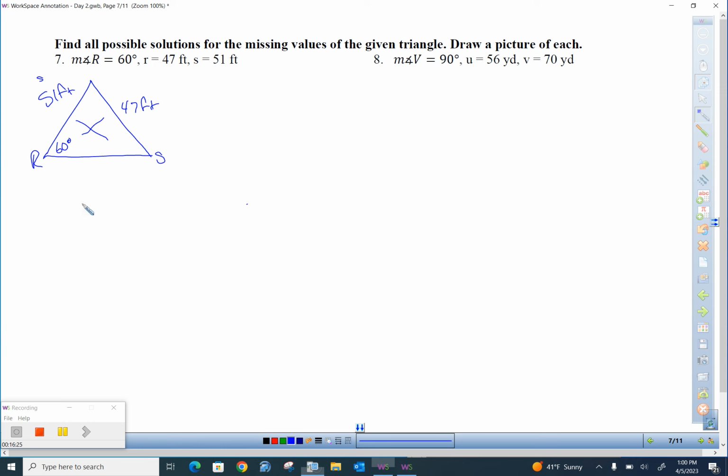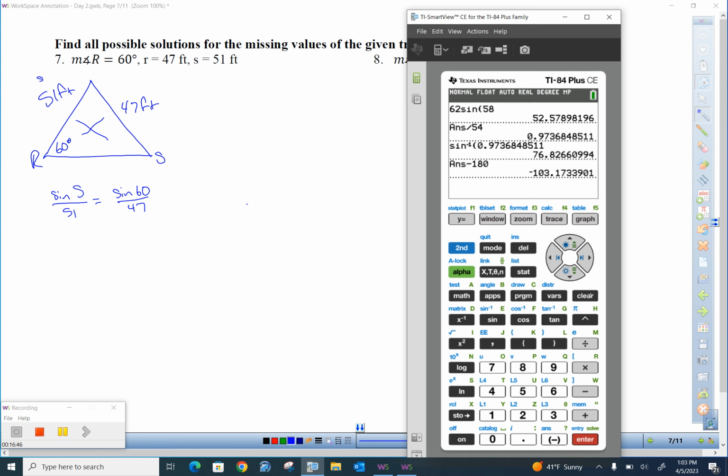We don't know that this is a right triangle, so we're using law of sines. So we've got sine of S that we're solving for over 51 equals sine of 60 over 47, and we can solve that in our calculator. Multiplying the 51 over first, and I like to throw it in the front.